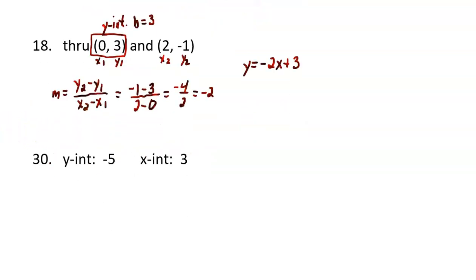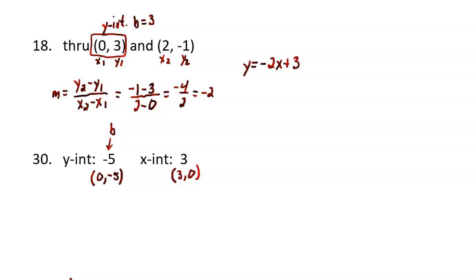Now number 30, write the equation of a line that touches the y-axis at negative 5. That is, it touches at (0, -5). And it touches the x-axis at 3. That is, it touches at (3, 0). Now, do we know the value of b? Yes, we do. The y-intercept is negative 5. That's the b.